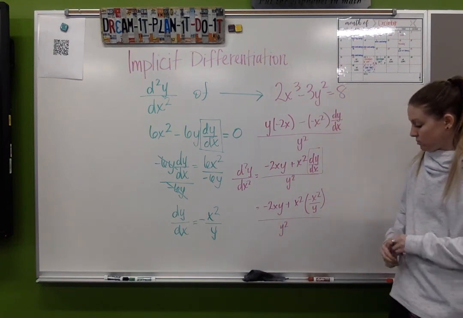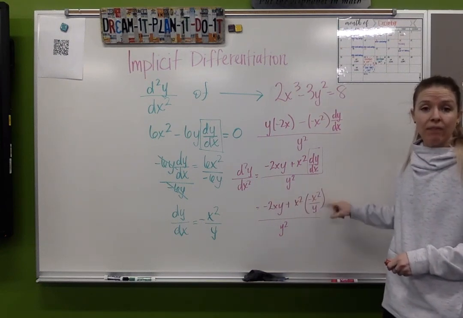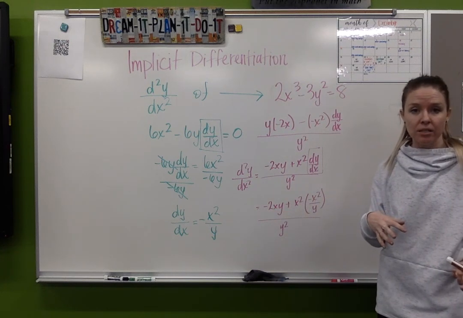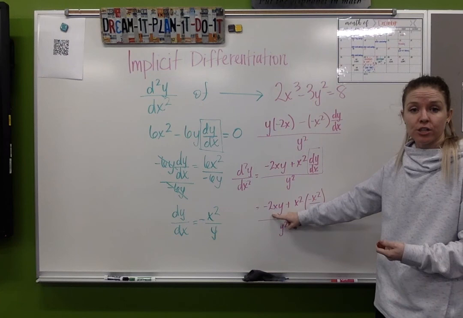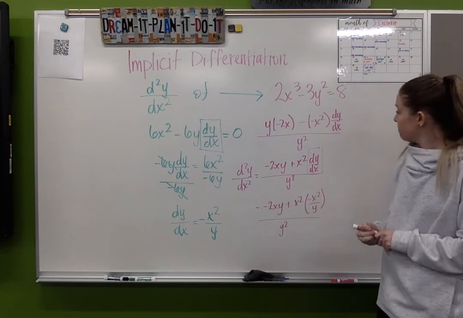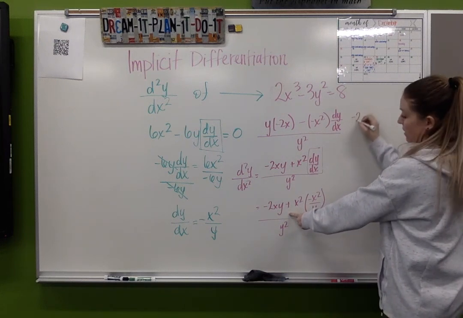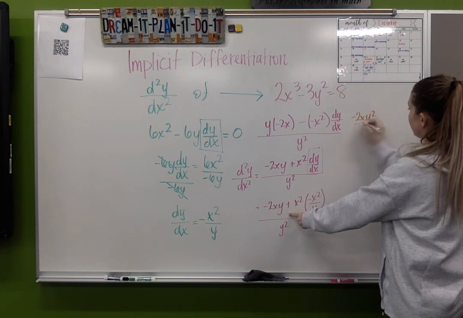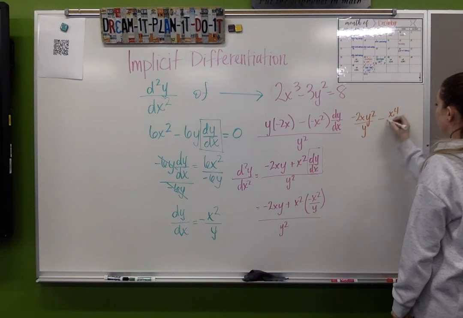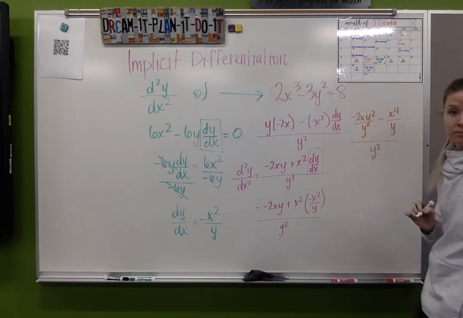So at this point, again, we're just doing some algebra. In the numerator, I now have a fraction. So to be able to add these together, we have to have a common denominator. So I'm going to multiply my first term here by y over y, so I can add these two terms together. What that's going to look like is negative 2xy squared over y minus x to the 4th over y, all over y squared.